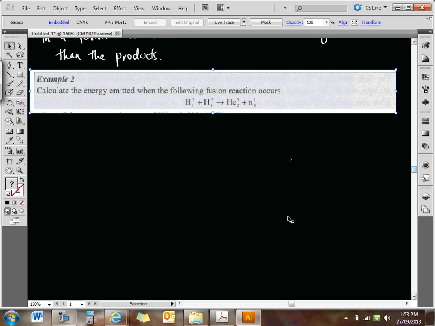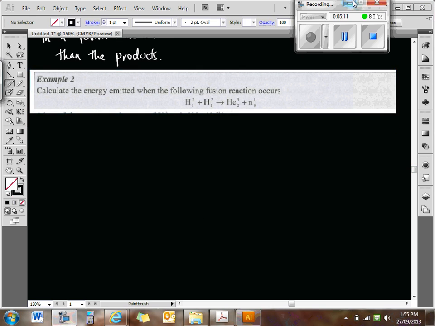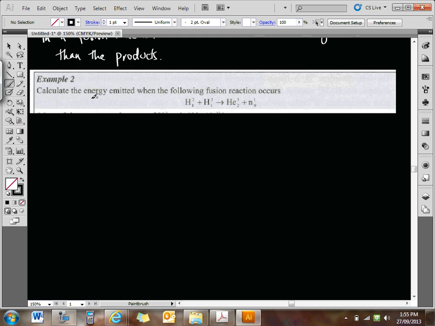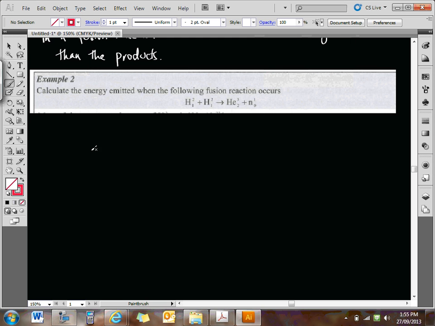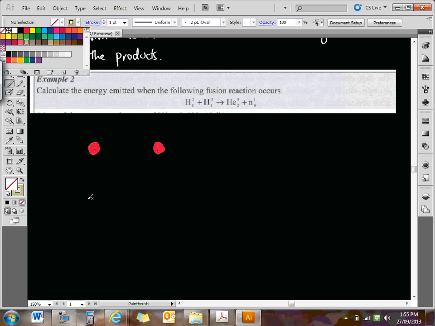Let me get some pictures. I'll just pause for a second and come back with some pictures. I can't find any suitable pictures. I'll just draw them. That's fine. Let's see, hydrogen 2. So we have a proton, and I'll draw the other proton here, and a neutron.